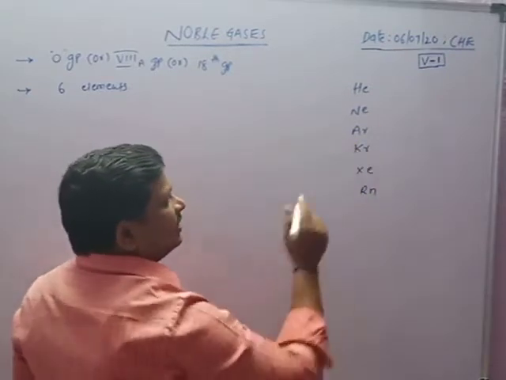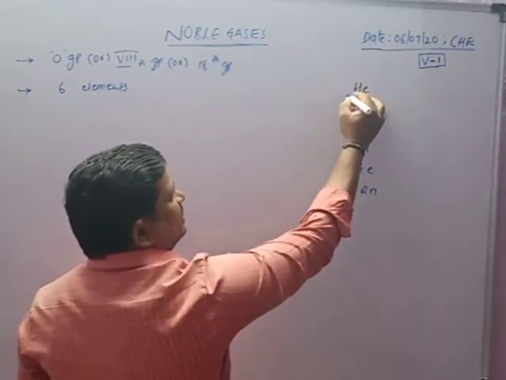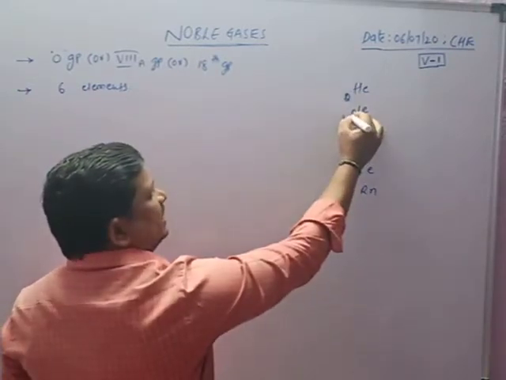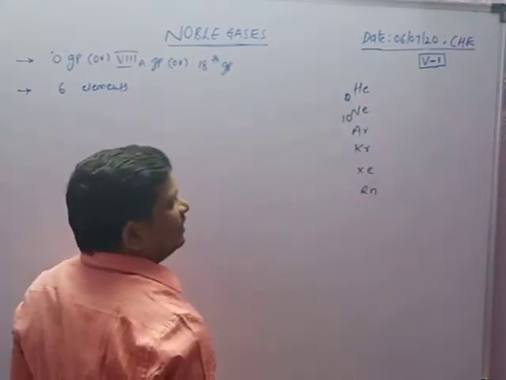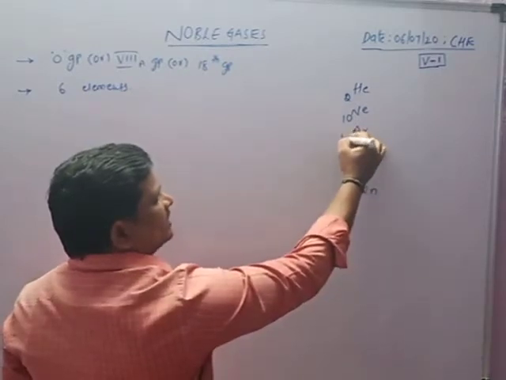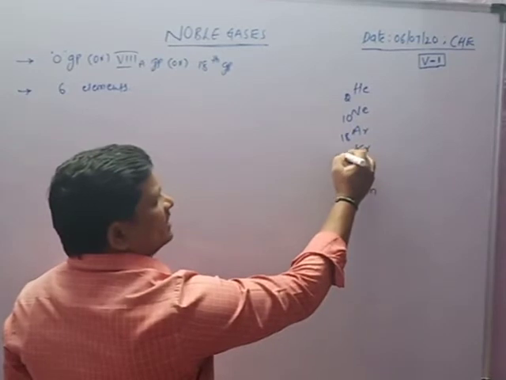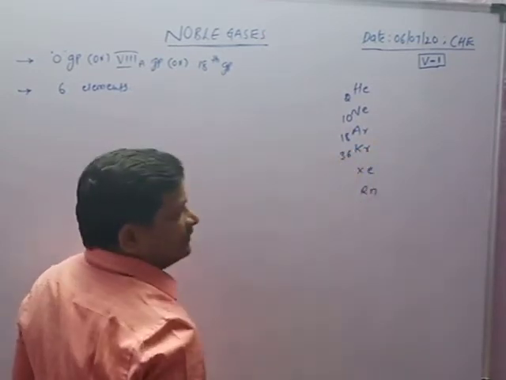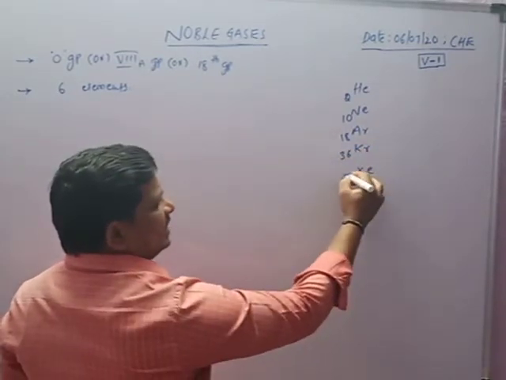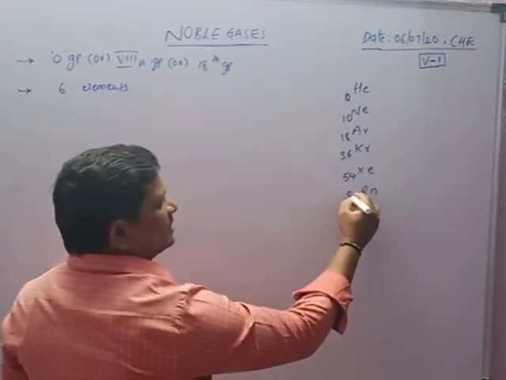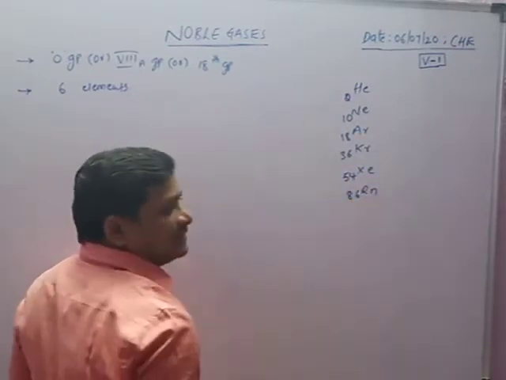So now their atomic numbers. Helium atomic number is 2. 2 plus 8, 10, neon atomic number 10. 10 plus 8, argon atomic number 18. 18 plus 18, 36, krypton. 36 plus 18, 54, xenon. 54 plus 32, 86 is radon.